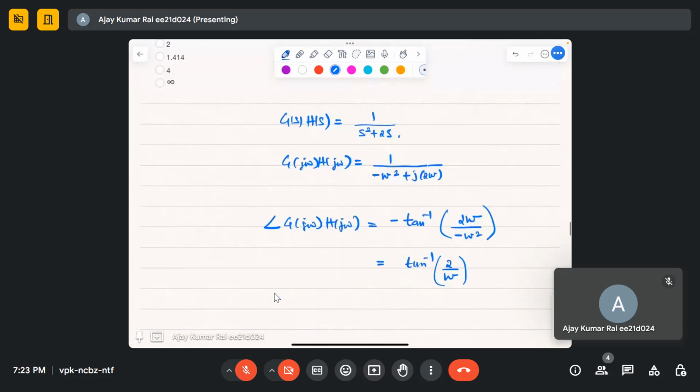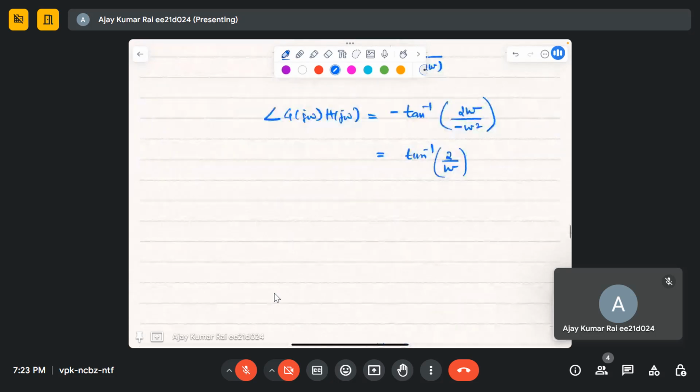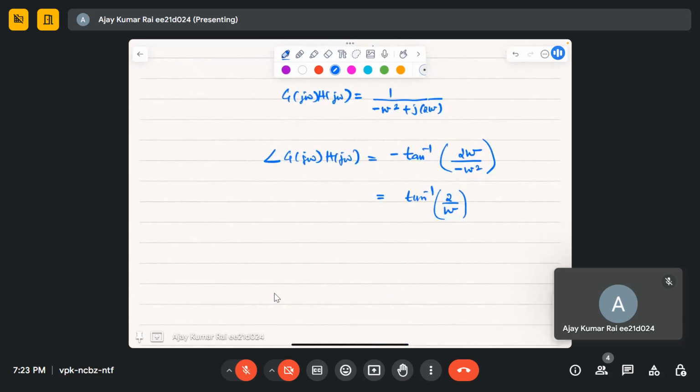What is the phase crossover frequency? It is the frequency at which this angle becomes minus 180 degrees.